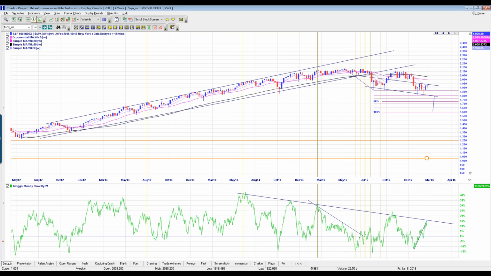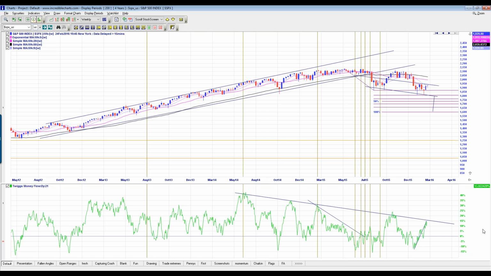And are we at that level or are we above it? Below it or above it, I should say. Okay, so if we're at it, is the money flow telling us that the move is going to continue, or is the smart money showing us that it's going to end? So essentially we are looking for that answer. Is the market favoring longs or shorts?